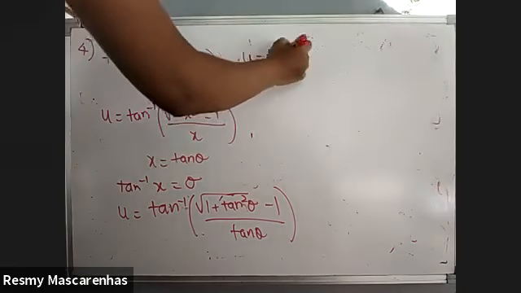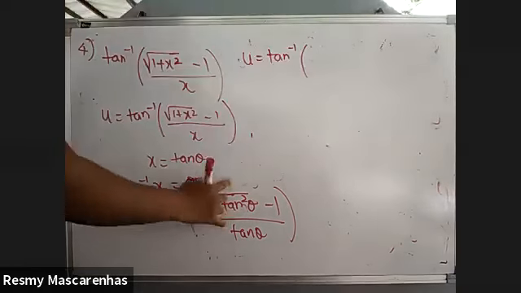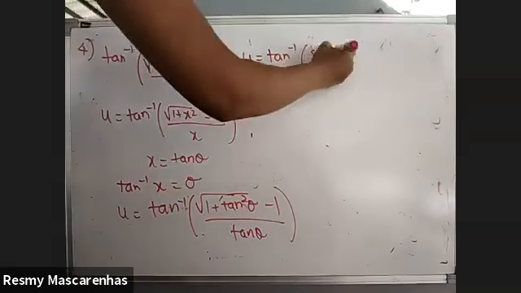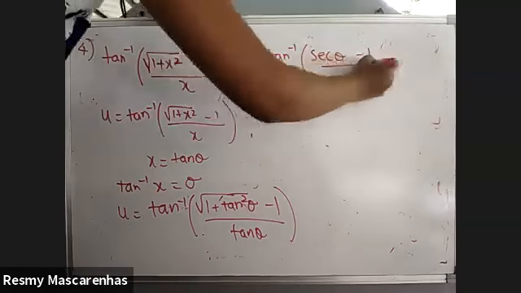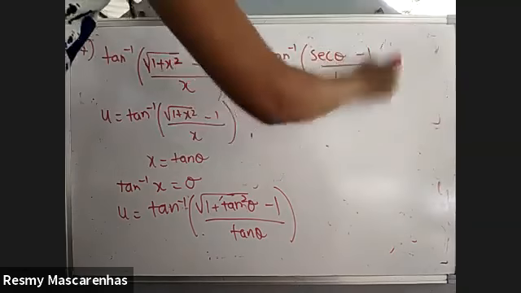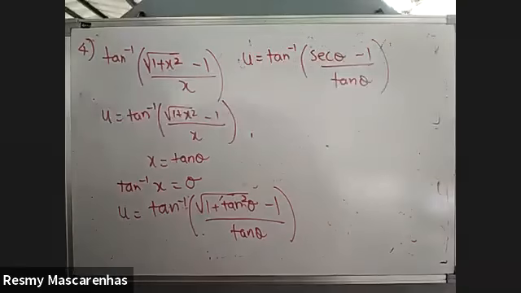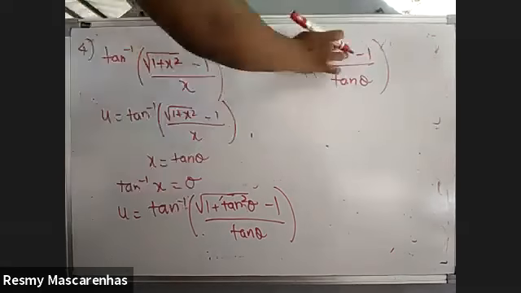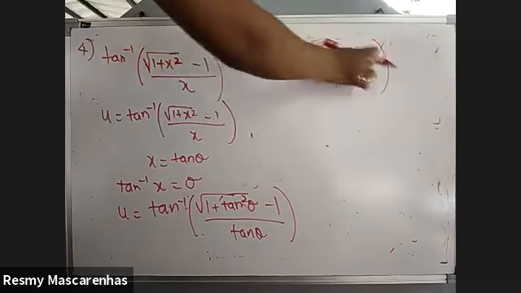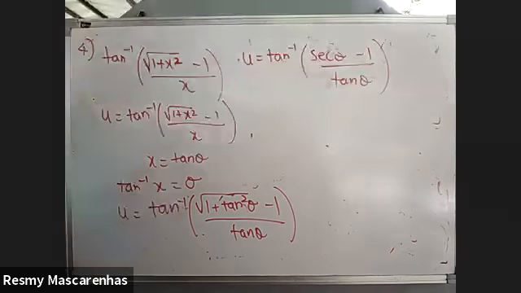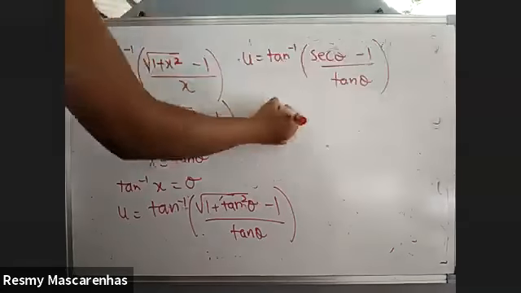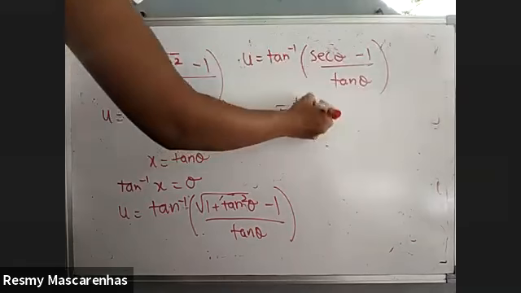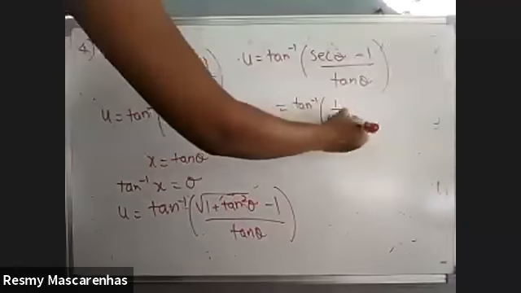So this will be sec square theta root and sec. So directly I'm writing the step sec theta minus 1 upon tan theta, because you will get like this. Okay. Then root and square will cancel and straight away it will become sec theta. Now tan inverse of this is 1 upon cos theta.